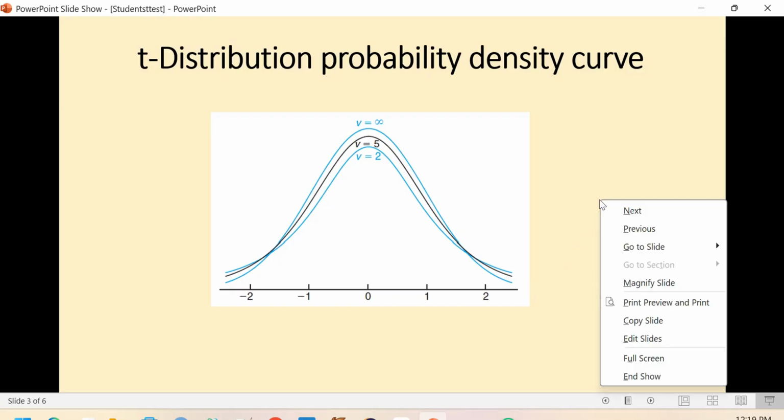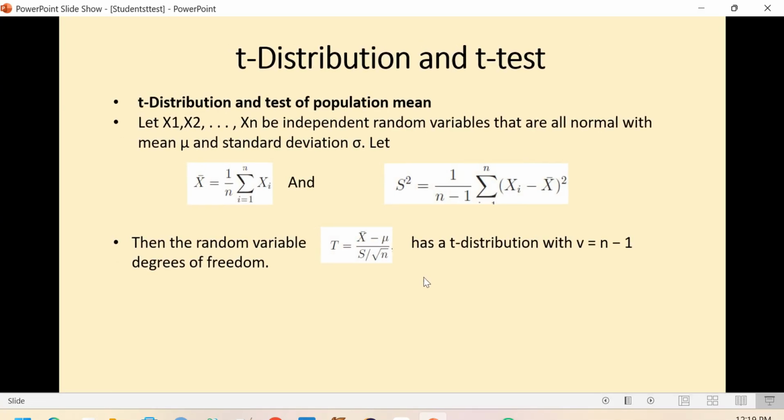That's why in hypothesis testing for the population mean, if the sample size is relatively large and the sample comes from at least a normally distributed population, we can use the normal distribution for tests.